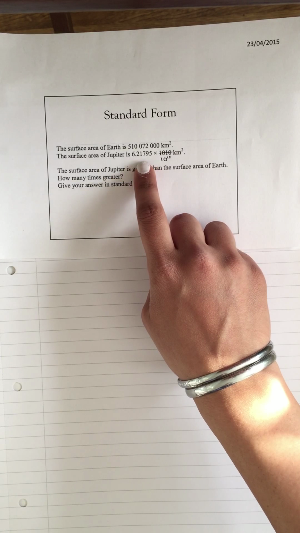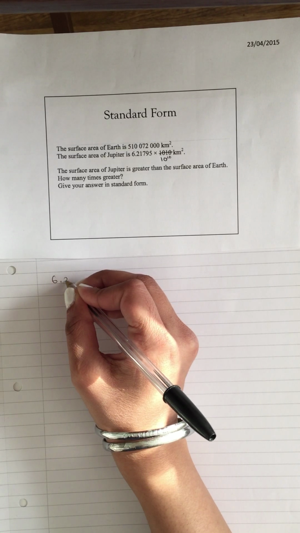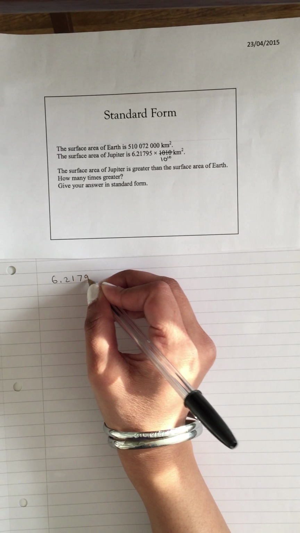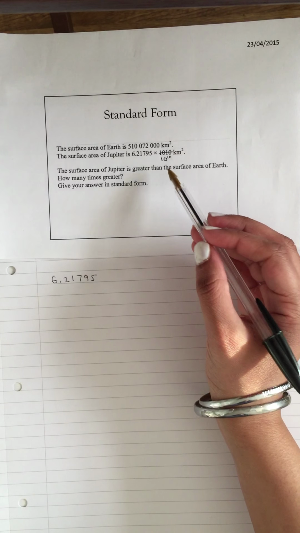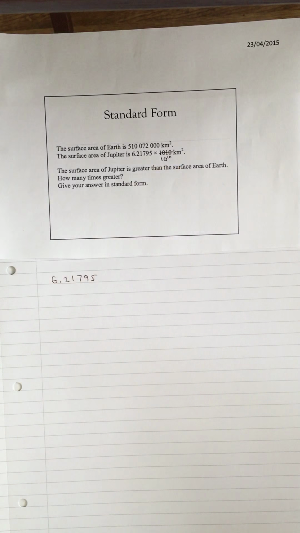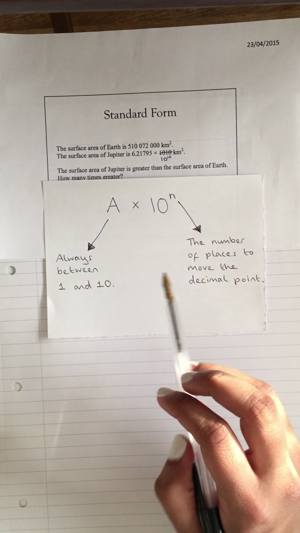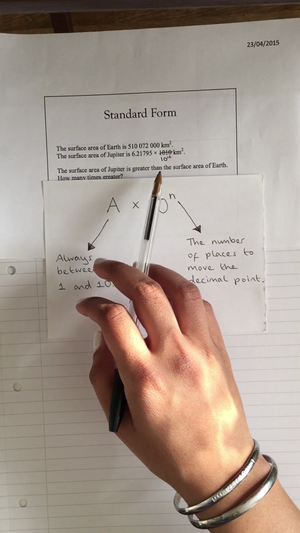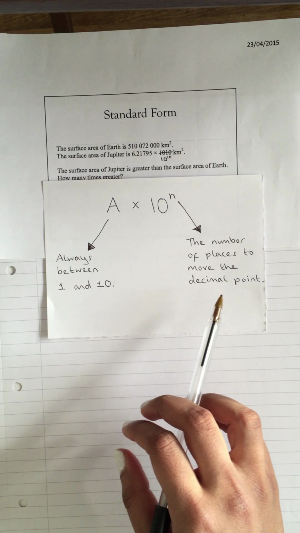So if we write this first number here, which is 6.21795, and we know we have to multiply this by 10 to the power of 10. Now from this expression, we know that n is represented by 10, and so we need to move the decimal point 10 places.